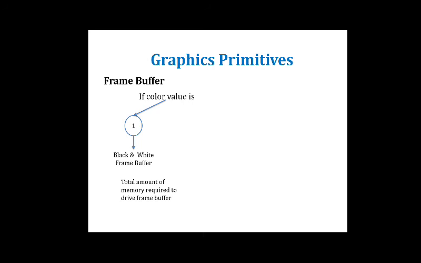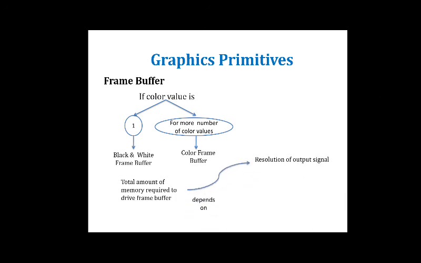If the color value is more than 1, then we are saying that we are going to use a color frame buffer. So it totally depends upon the color value which frame buffer we use. Again, the total amount of memory required to drive that frame buffer: the frame buffer is nothing but computer memory in which I store the pixel information.